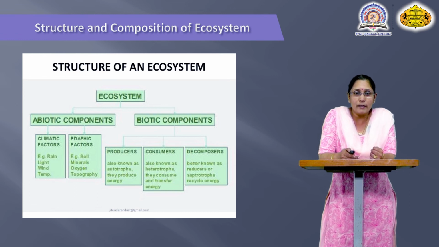Then edaphic factors means soil-borne factors, whatever minerals are present in the soil, or oxygen or topography, etc. We call these edaphic factors. And biotic components means producers, consumers, and decomposers.